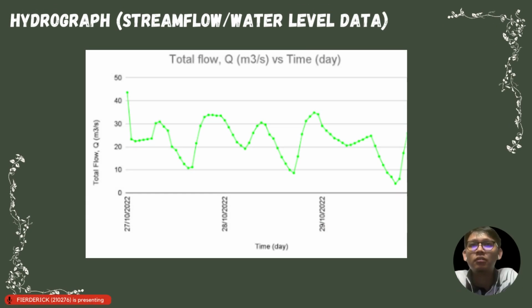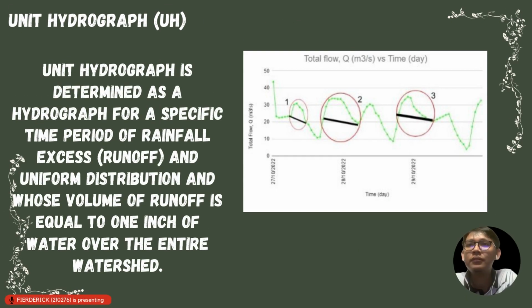Next is the hydrograph of streamflow. This is the graph of total flow versus time that we get from the data. From the graph, we can use the straight line method to find the unit hydrograph, UH.